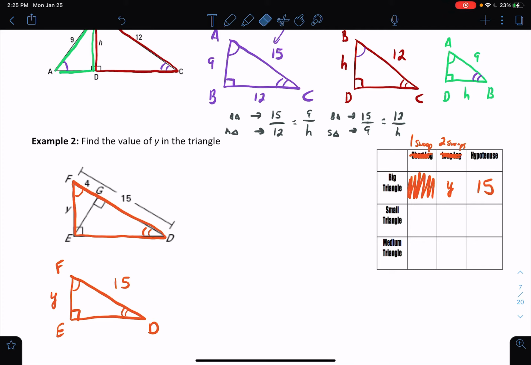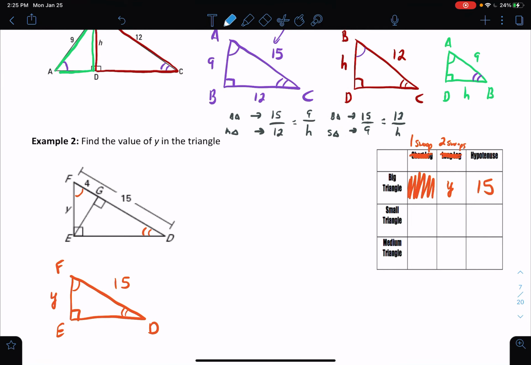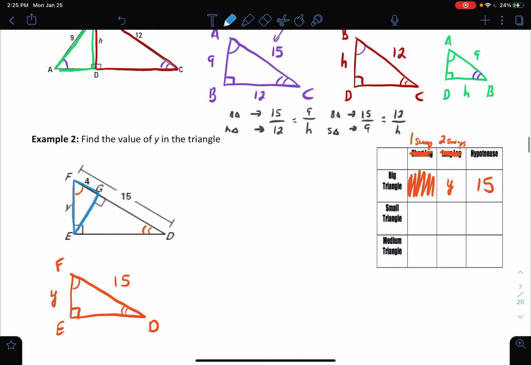Okay, next up, I'm going to analyze the small triangle here. If I needed to draw that separately, let's see, we've got angle F up here, which is the 1 swoop.